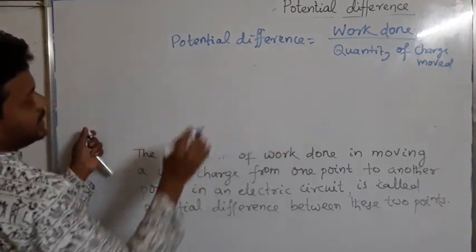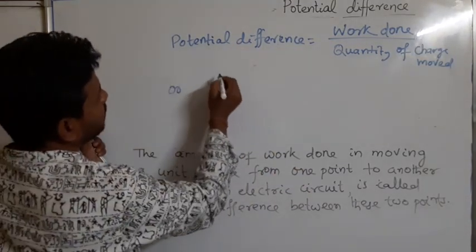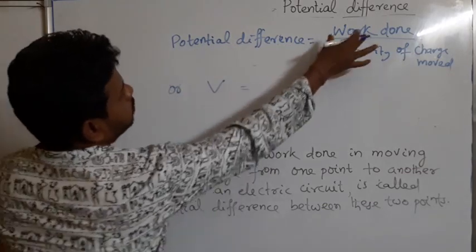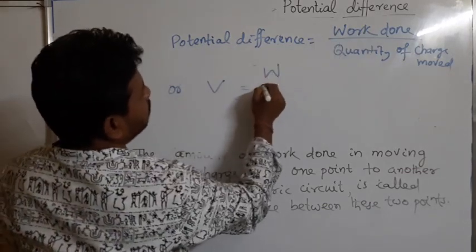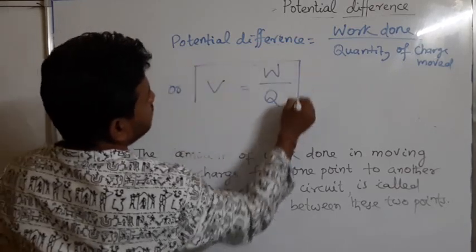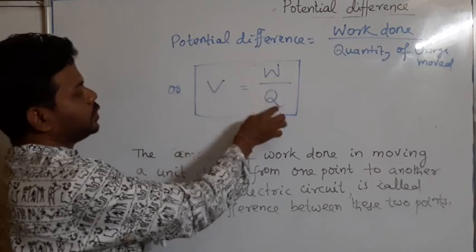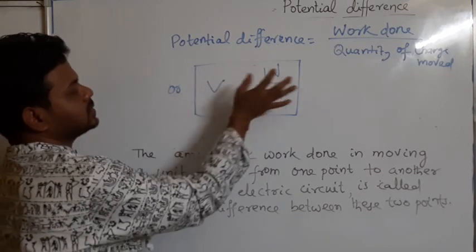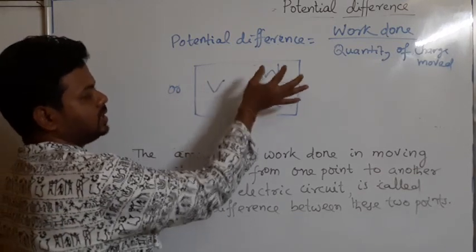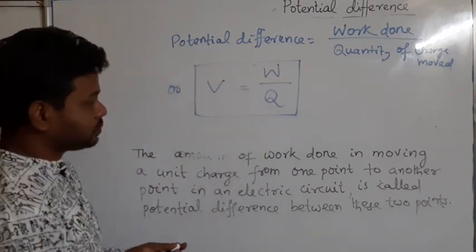In symbols, V equal to W by Q. This will be the formula. V is the potential difference, W is the amount of work done, Q is the quantity of charge moved.